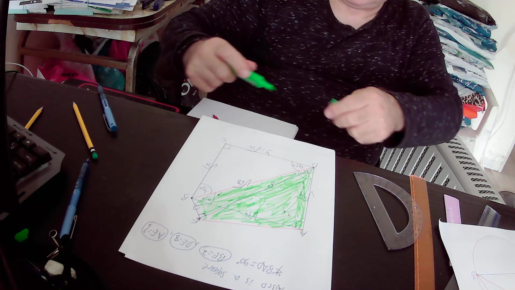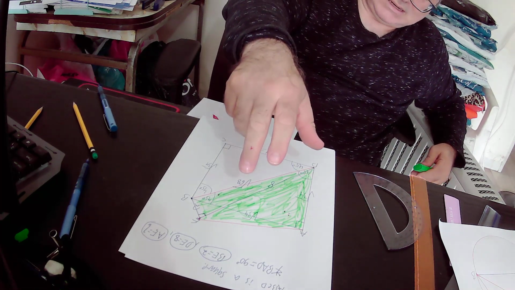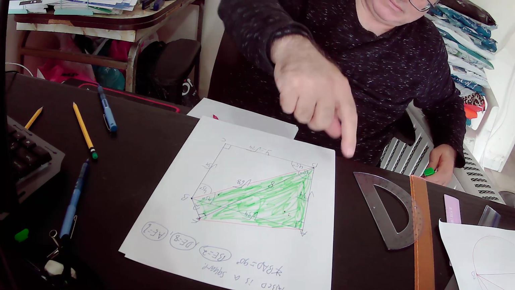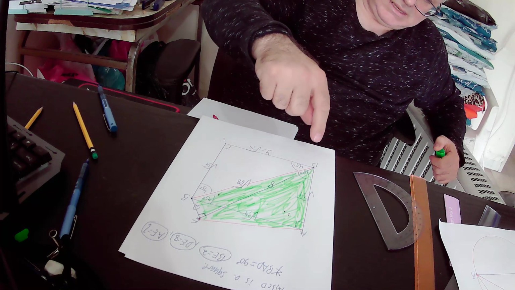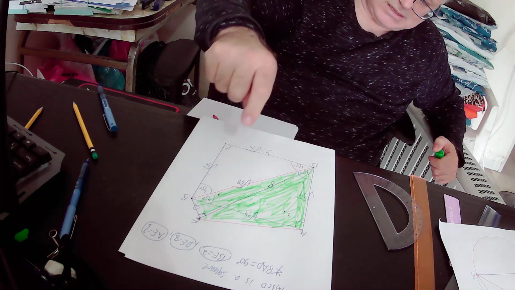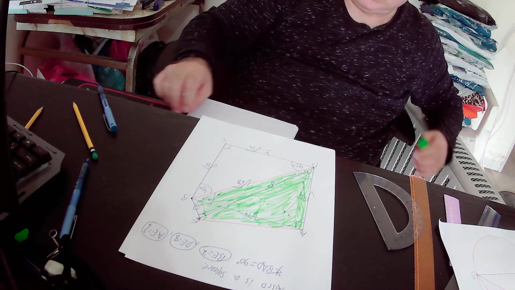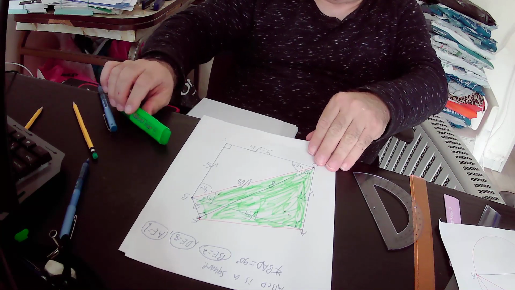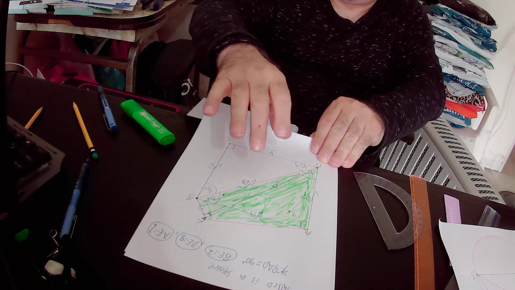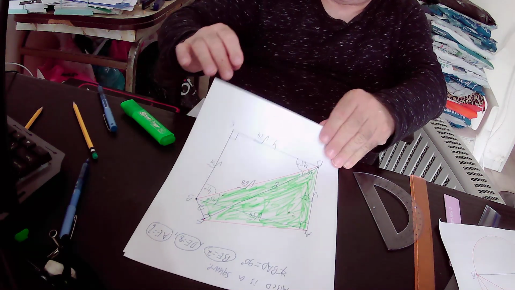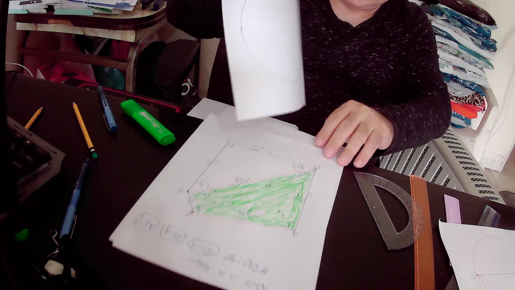Okay, according to rule number 2, the green quadrilateral AEBD is inscribed by a circle, and the 4 points A, E, B, and D lie on that circle. So we will actually draw this green quadrilateral inside a circle, inside this circle.